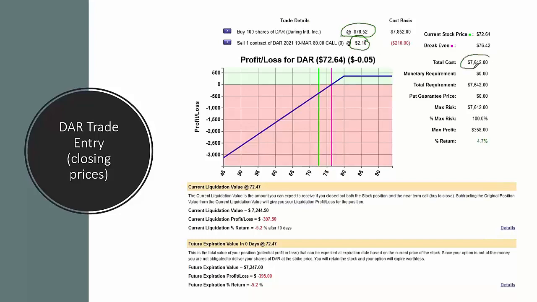Well, we knocked our cost basis down to 76.42. We were hoping for a 4.7% return if the stock was above 80. But as you can see, the stock dropped down to 72.64, was as low as about 71.90 today. And our liquidation on today's expiration is a loss of 5.2% with slightly out of the money covered call positions.